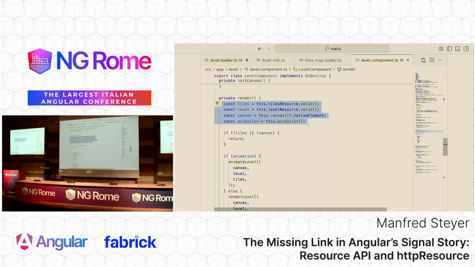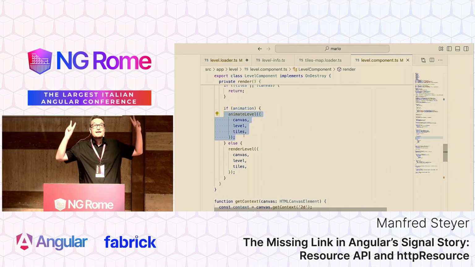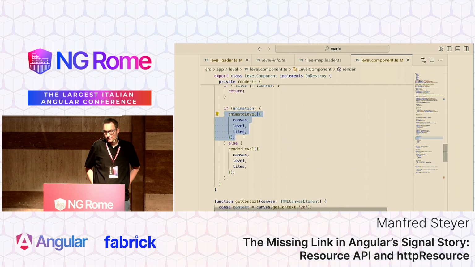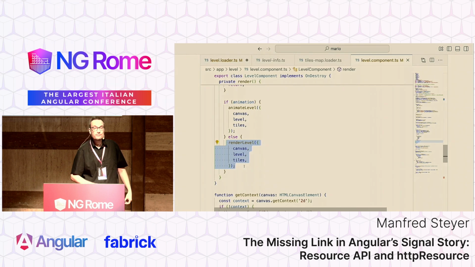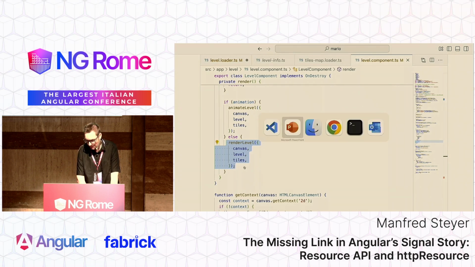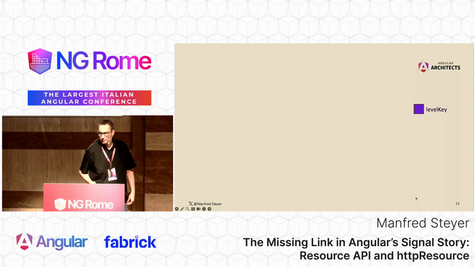Every time one of those signals is changing, the effect will rerun. And basically the effect is just delegating to the black box, to my game engine here, to animate a level or to just render the level if the animation flag is not on. This is where all the theory comes together.